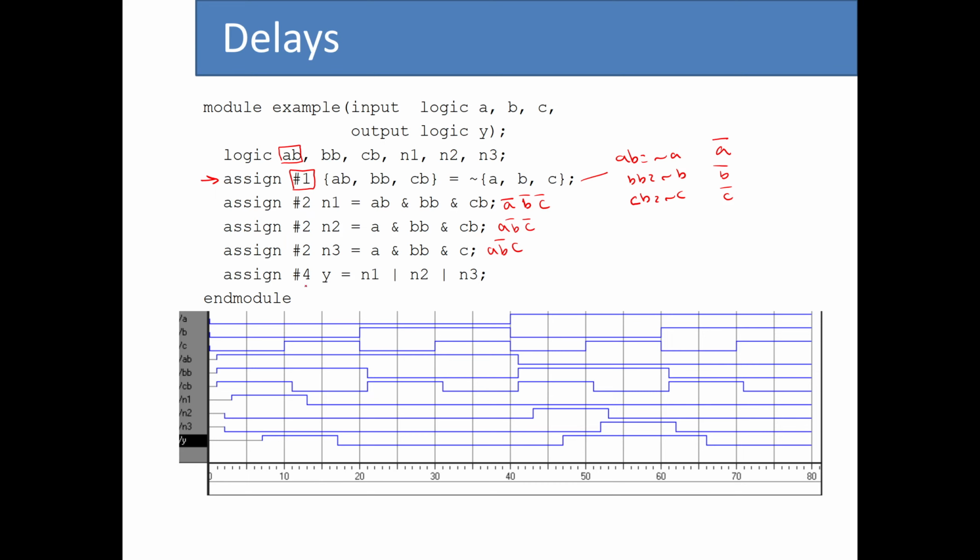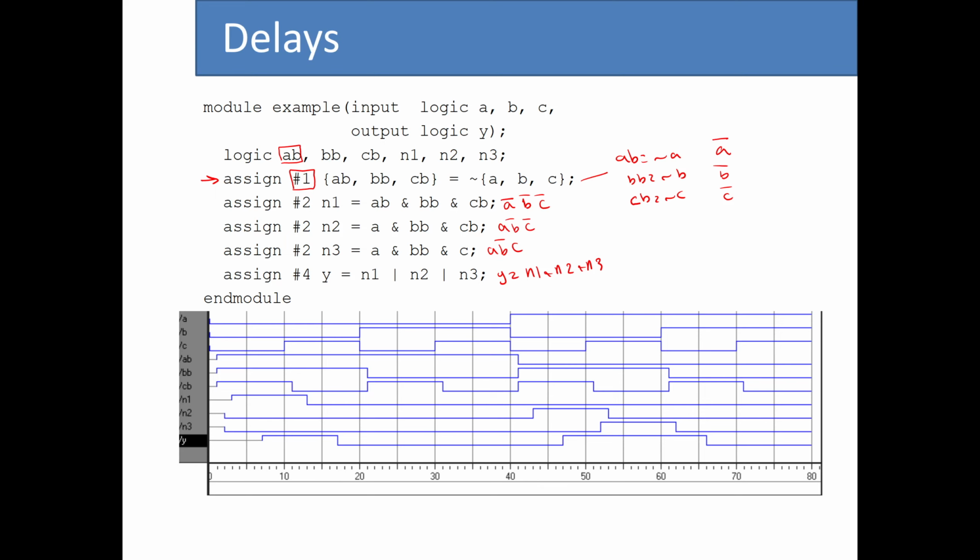And then finally, the final function Y, which is the OR of N1, N2, and N3, it takes 4 units of delay. So Y is basically N1 or N2 or N3.